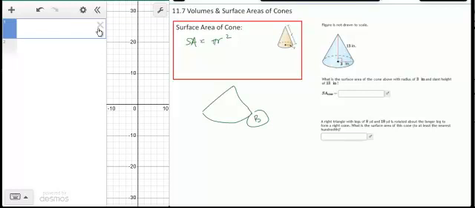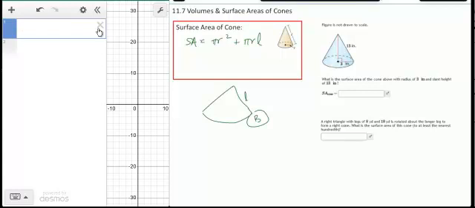And then when you look at this, this slant height here is this measure, and then you have the arc, this sector formed, but it's just given by the measurement of pi r L. Okay.